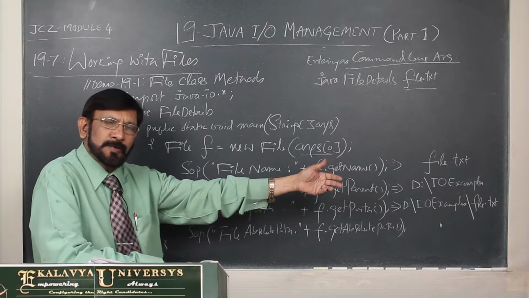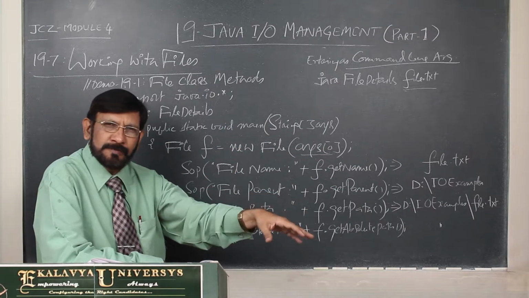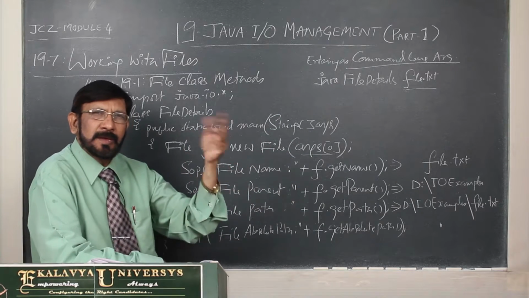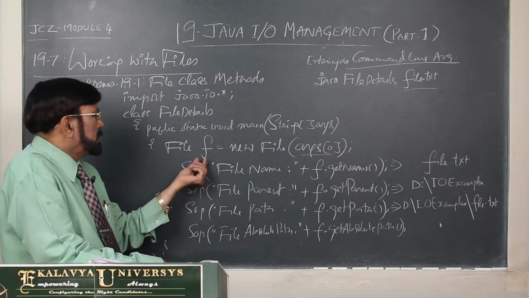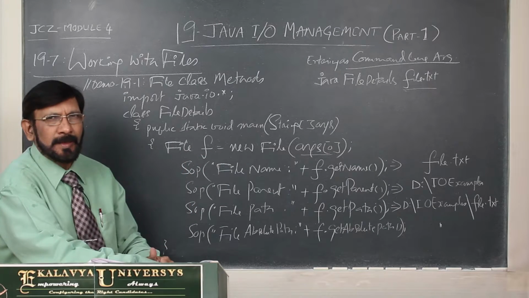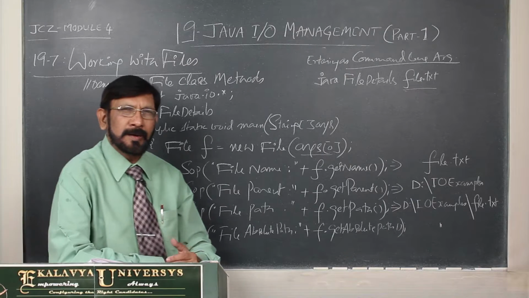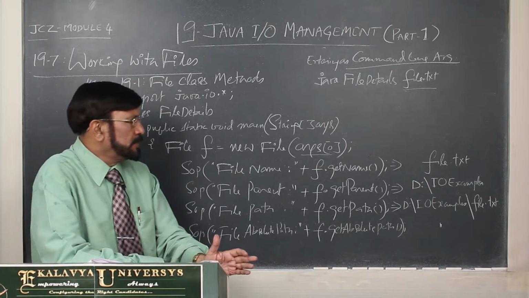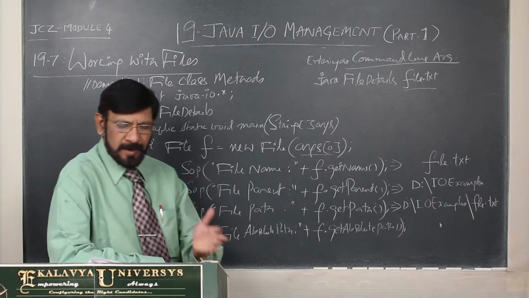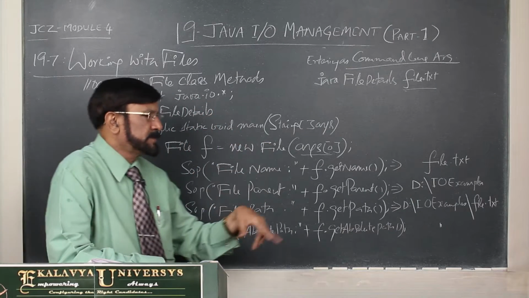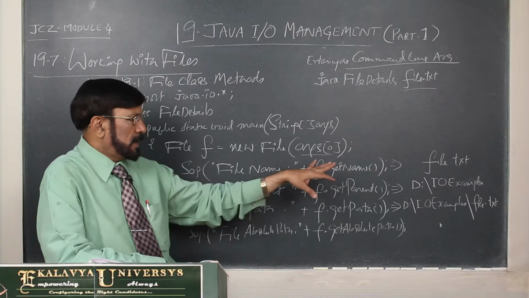So whatever file you provide to the File class is converted into a file object. The file object name is f. Now you see different methods I am introducing, and depending on the requirement you can use all these methods. Several program demos I am giving you, by that you can understand the functionalities of all the methods.